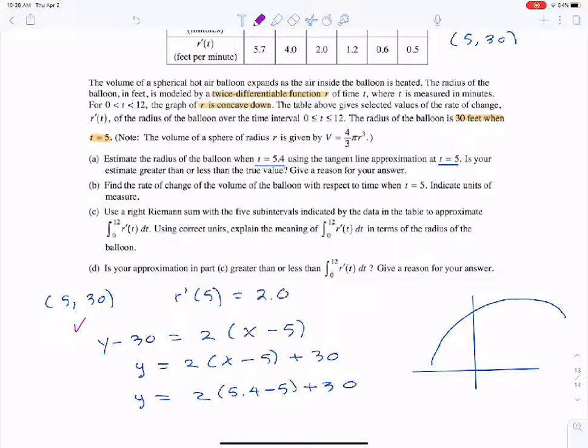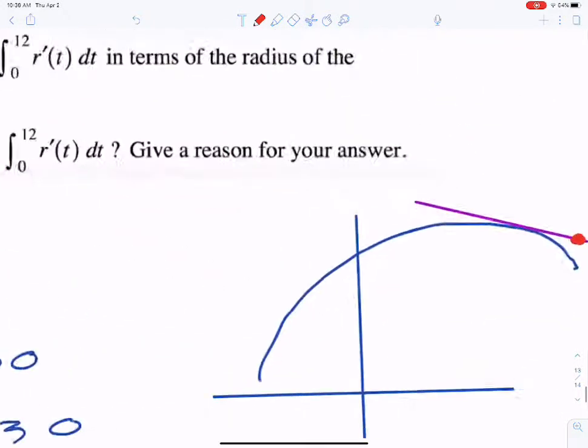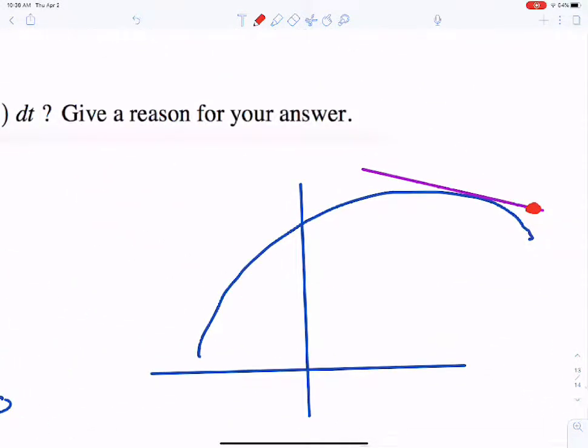So here is my tangent line. I just then evaluated the tangent line at a point. So for example, I evaluated here. I think you guys would agree, based on this graph, that my point is an overestimate, right? It's too large. So I'll take care of it in writing in just a second, but my answer is too large. Why? Because the function is concave down at that point.